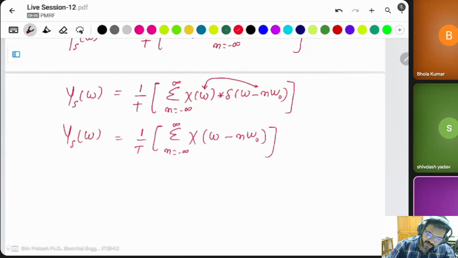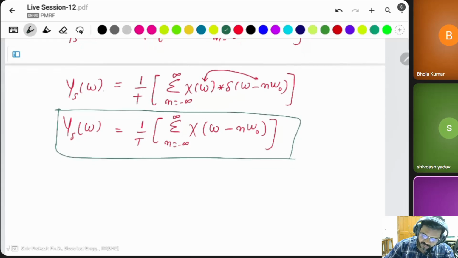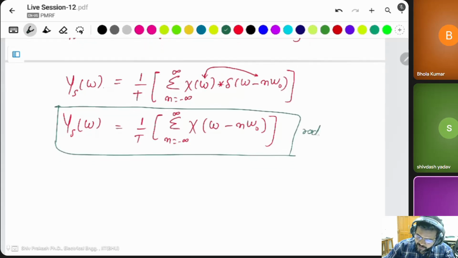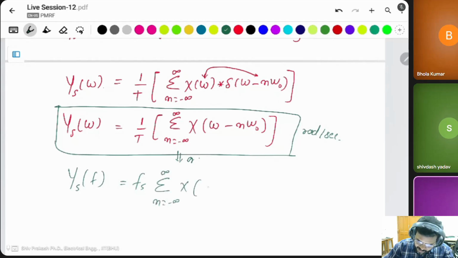This is in radians per second. In the frequency domain, same thing: the sampled output at sample frequency 1 by T equals the summation of n equal to minus infinity to plus infinity of X(f minus n f naught), in hertz.